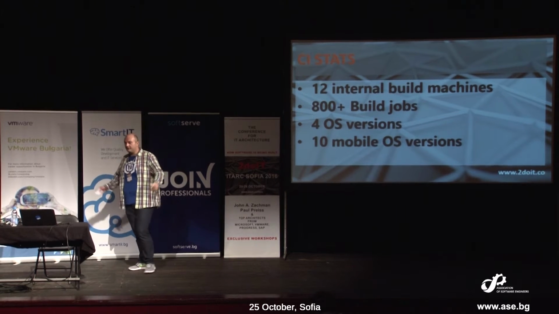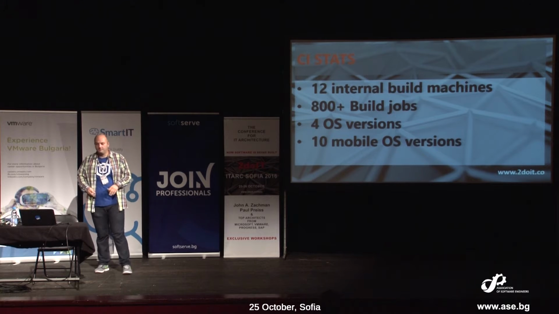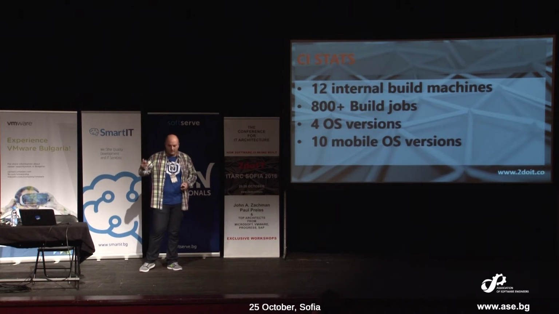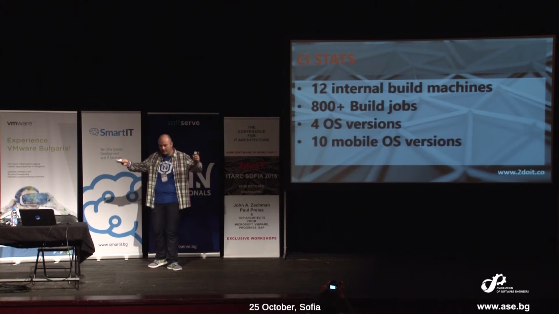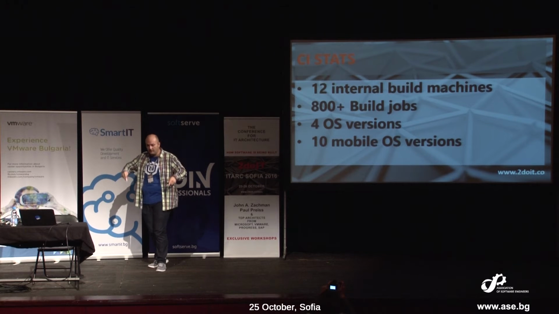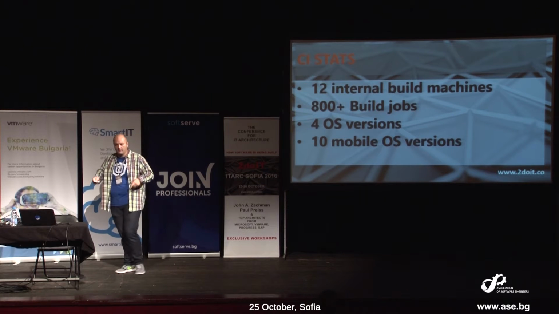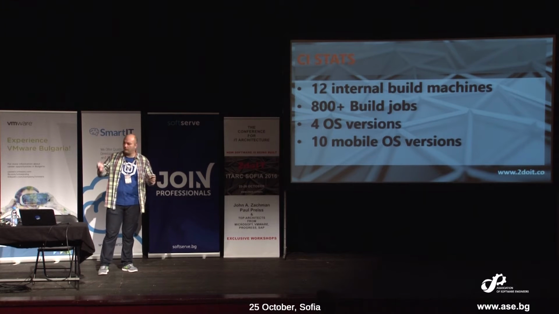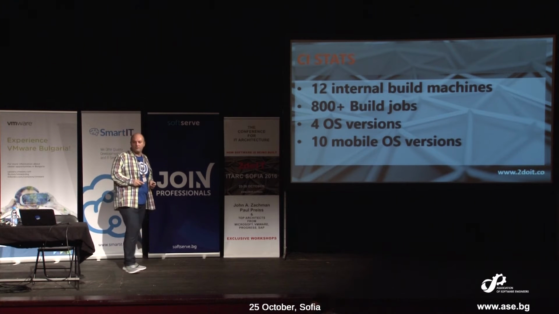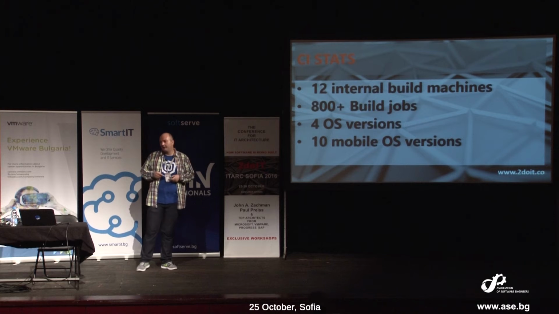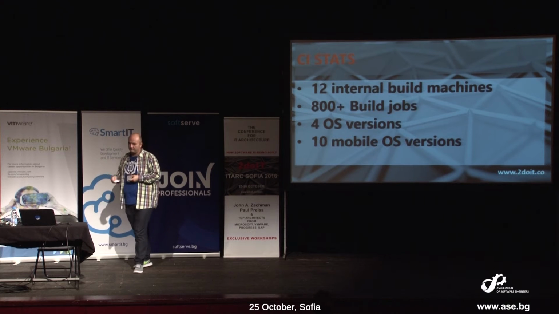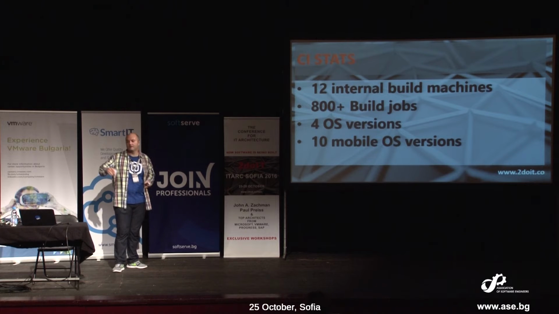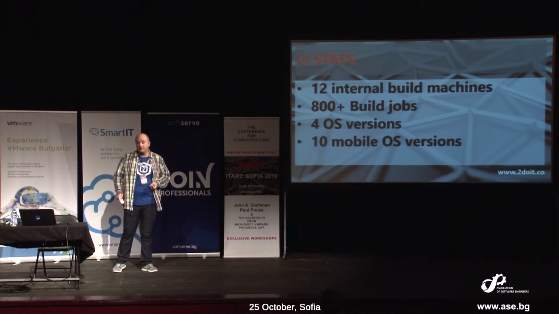There are 12 internal build machines running 4 operating system versions: 3 macOS versions, 1 Windows version, and 1 Linux, I think it was Ubuntu 14.04. So that makes it 5 operating system versions. There are 10 mobile operating system versions, 3 iOS versions and 7 Android versions.